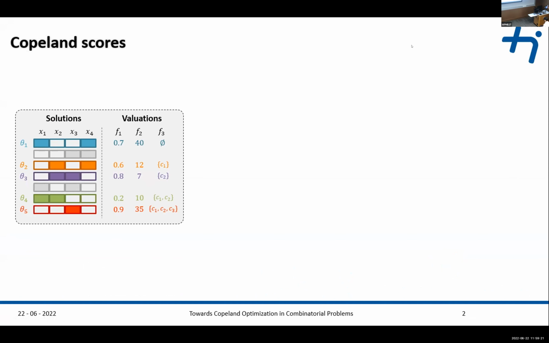Let's look at your favorite combinatorial optimization problem that I've put here in a very comical way, so you can think of a scheduling problem of ERP. And the interesting part here is you have different valuations that represent happiness or some kind of utility. So the first agent here expresses their preference in terms of a 0 to 1 satisfaction, so likes the red solution most.